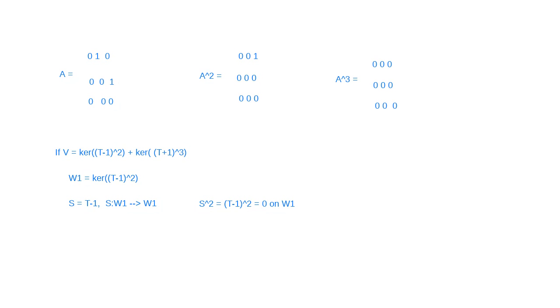And on the second term, the kernel of T plus 1 cubed, T plus 1 cubed will be 0. So again, T plus 1 corresponds to a nilpotent matrix. Because we have the primary decomposition, our next step is to understand nilpotent matrices or nilpotent linear transformations.